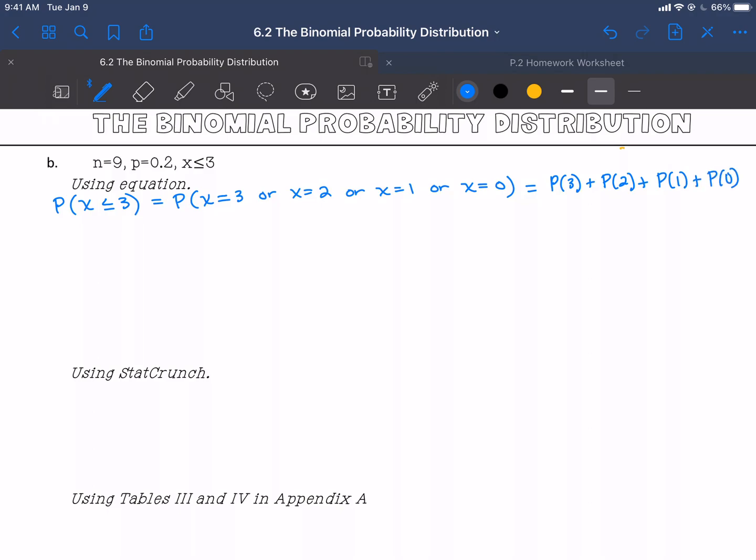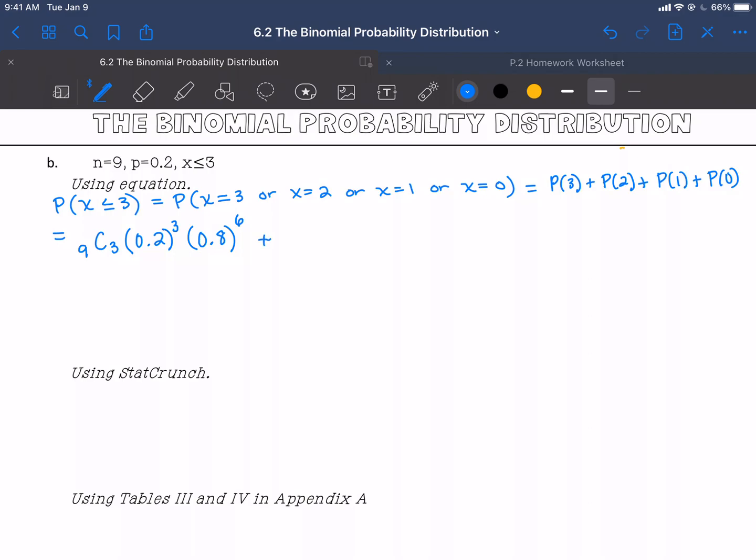Well, if I'm doing this by hand, I'm going to use the formula for each probability. So the probability that x is 3 would be 9 choose 3 times 0.2 raised to the third power times the probability of failure, which is 1 minus 0.2, which is 0.8. And it's going to be raised to the n minus x, so 9 minus 3 would be 6.